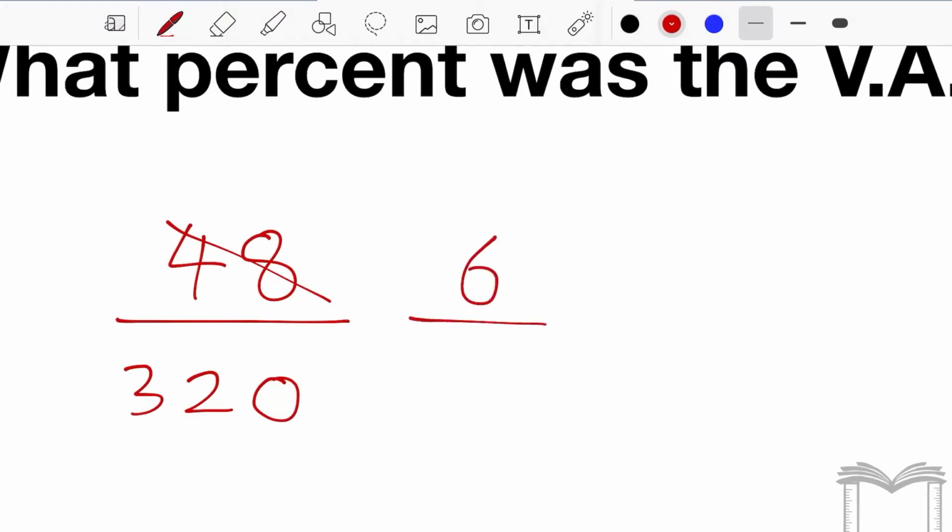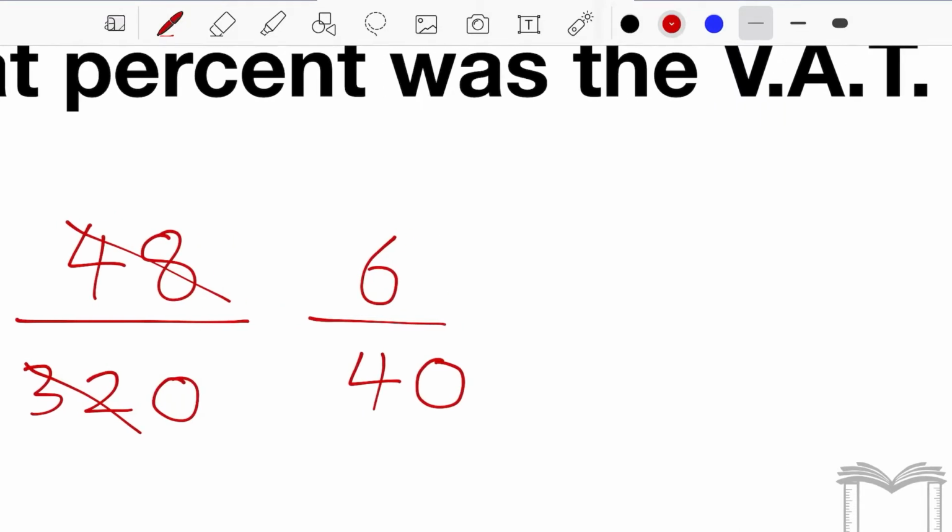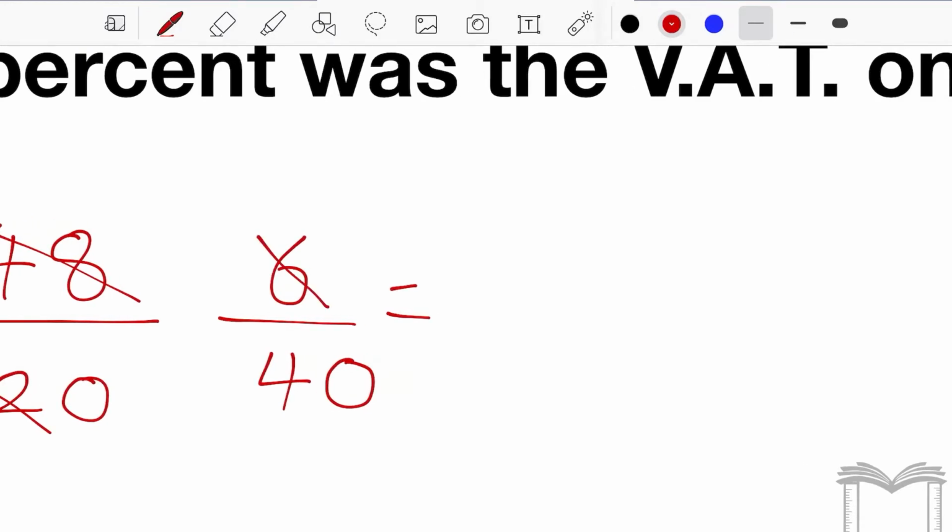8 into 48 is 6. 8 into 32, 4. Put back the 0. 2 into 6 is 3.